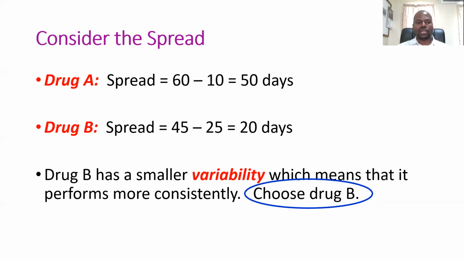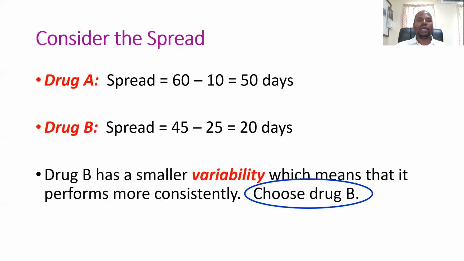Drug B, if you look at the spread, takes 20 days to heal an individual. So between the maximum number of days and the minimum number of days, you have 20. Therefore, drug B has a smaller variability, which means that it performs more consistently.